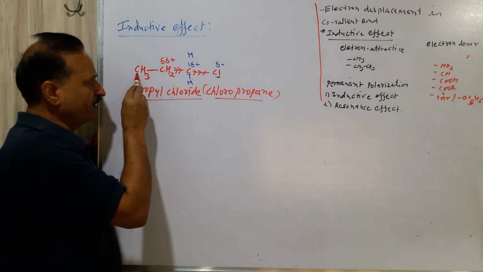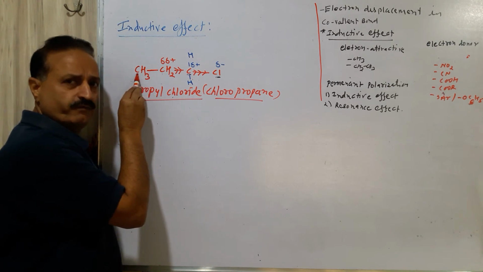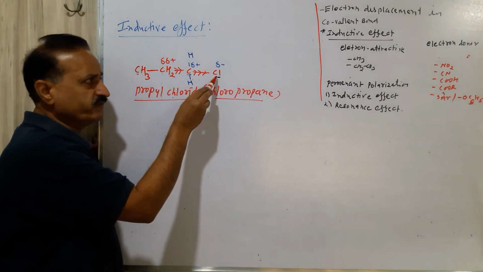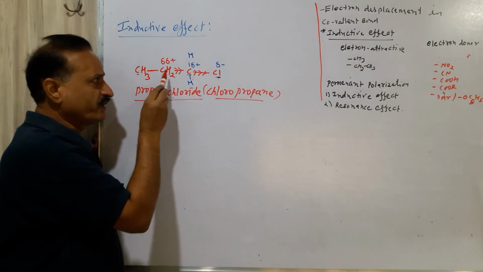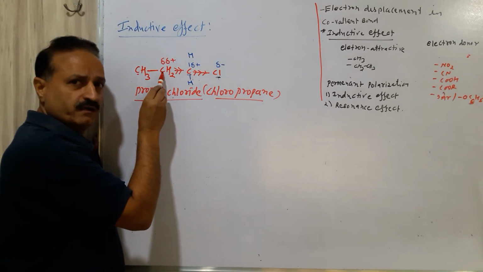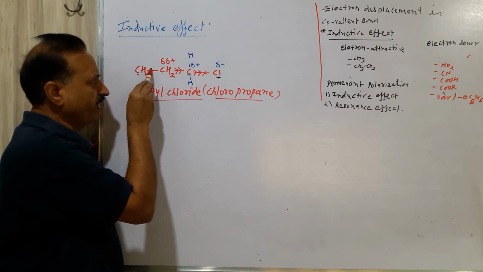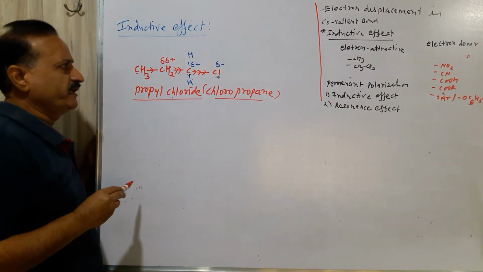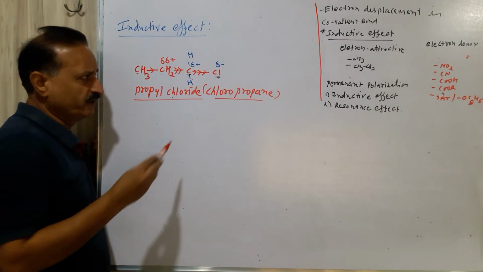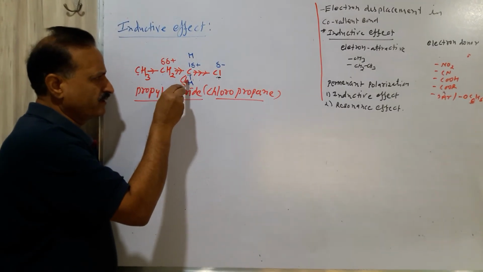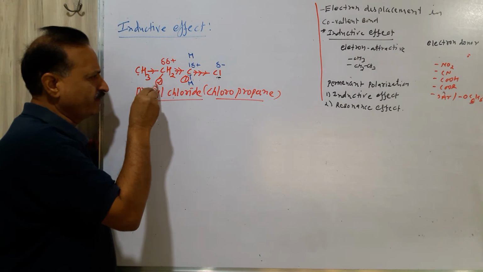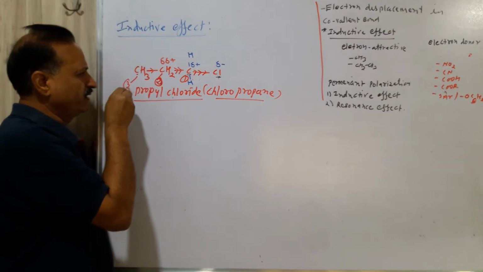And this carbon has very little inductive effect because chlorine is far away from it, but this carbon is dragged, so an effect on this carbon will be done. So here there will be very little inductive effect on the third carbon. This is the first carbon, this is the second carbon, and this is the third carbon.